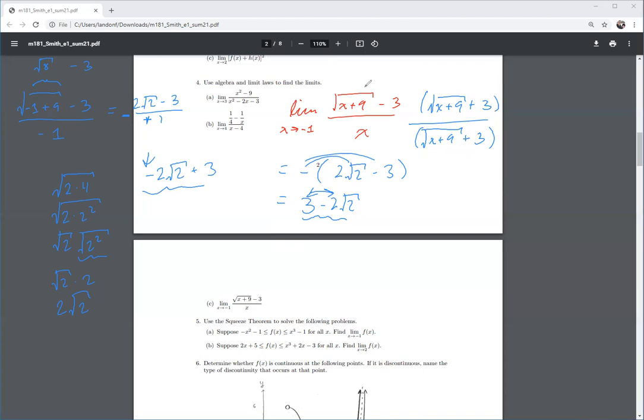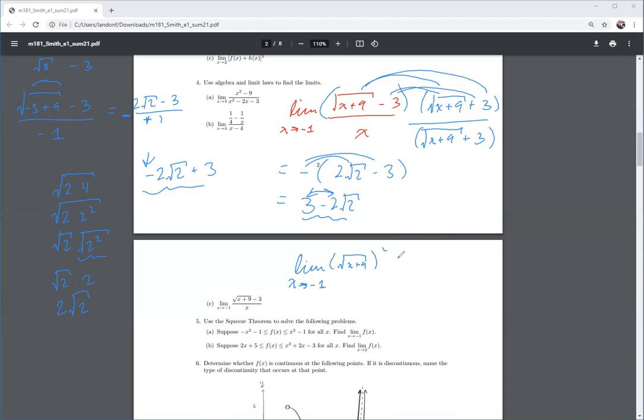Okay, so if it's okay with everyone, I'll just distribute this in. Of course we have to put parentheses around this since we're multiplying these two things. So we'll end up getting that, that, that, and that. So I'm going to write on the bottom. It becomes the limit as x approaches -1 of the square root of x plus 9 squared, since we're multiplying it by itself.